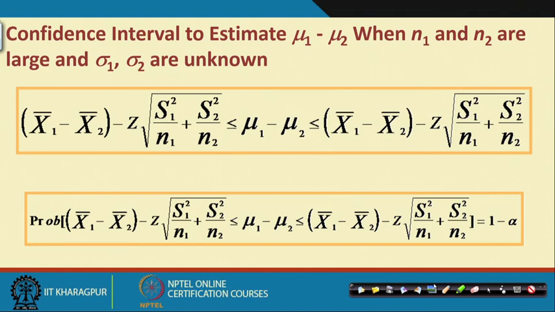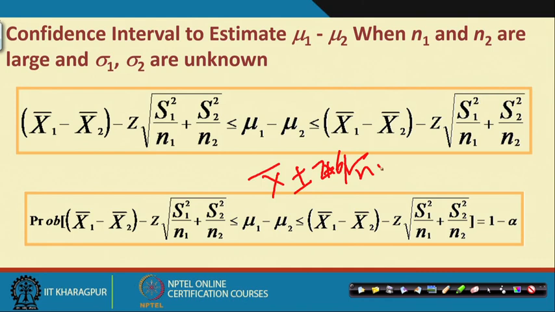In the one sample case, the structure of the confidence interval will be x bar plus or minus z into sigma by root n; x bar plus z into sigma by root n gives you the upper bound or upper critical value, and x bar minus z into sigma by root n gives you the lower bound.